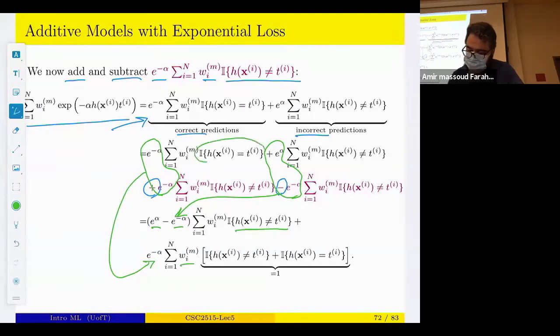Some of the terms are correctly classified and some are incorrectly classified. So what we have is the indicator function of h being different from t plus the indicator of h being equal to t.